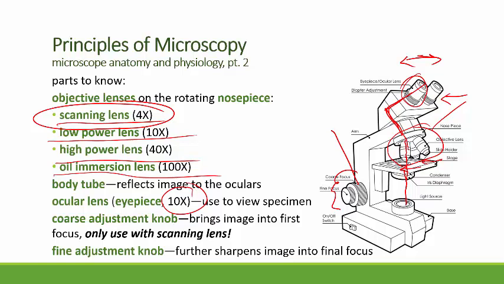So you do that with the scanning lens. And then after you move to the low power lens, you would only use the fine adjustment knob from there to the higher magnifications. So that will help you. It only moves the stage up and down just a little bit, giving you fine control over the actual focus.